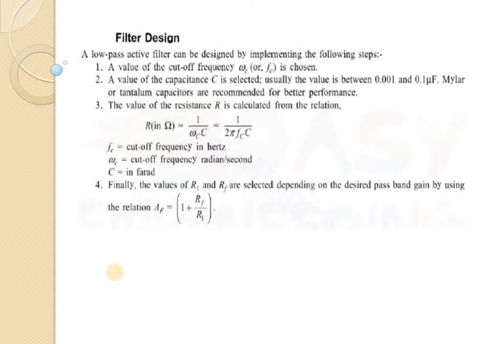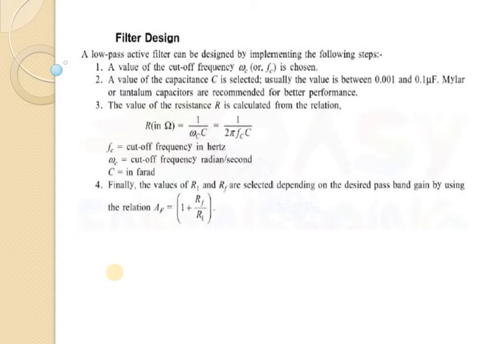A low pass active filter can be designed by implementing the following steps. First, a value of cutoff frequency omega c or fc is chosen. Secondly, a value of capacitance is selected. Usually the value of capacitance is between 0.001 and 0.1 microfarad.